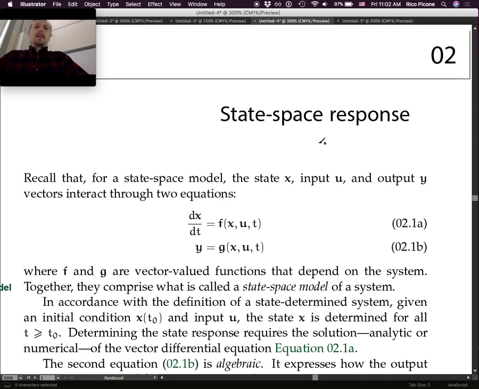Instead of being a single input-output differential equation, we represent the system as a system of first-order differential equations and another equation that describes an algebraic relationship between the inputs, or among the inputs, states, and the output.